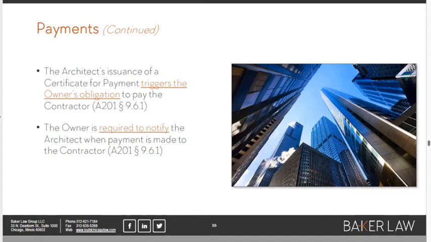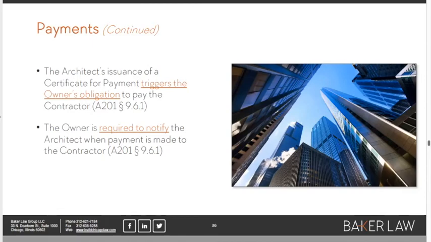So I don't want to say that some of this stuff is wishful thinking, but it is to some extent, right? Because owners will often make payments to contractors without the architect issuing a certificate. And if the owner does that, it does that in its peril, possibly. And there's other things here that are a little bit wishful thinking. Like if you look at the last bullet point on the slide here, the owner is required to notify the architect when payment is made to the contractor.